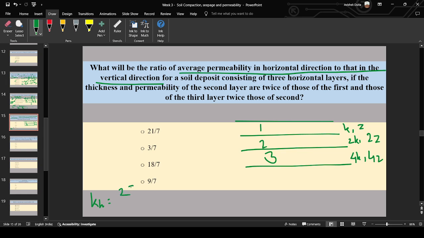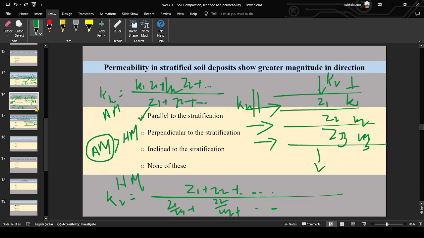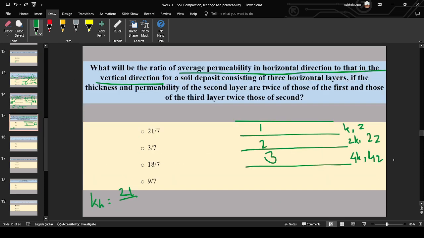The same formula which I have used in the previous one. In the denominator it is the summation of Z. Summation of Z means how much? 4Z plus 2Z plus Z, it is 7Z. And numerator is 21KZ, denominator is 7Z, Z gets cancelled, it is 3K.